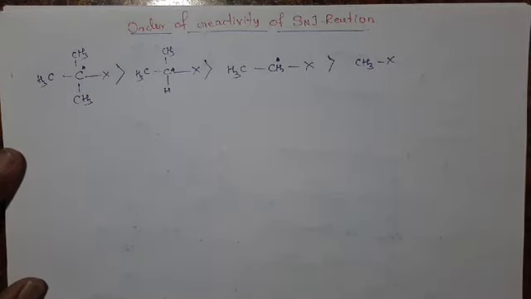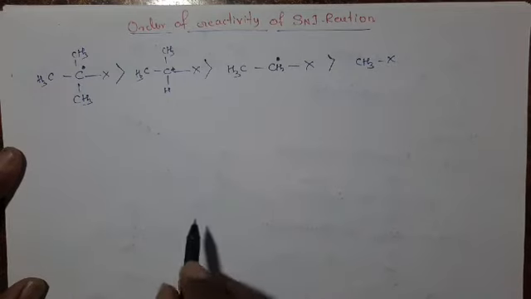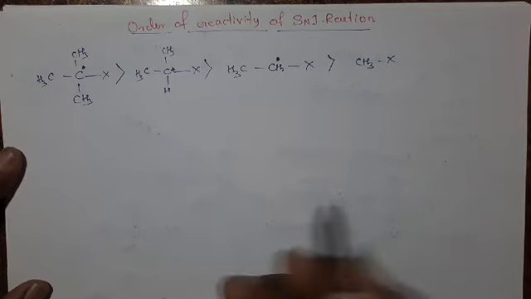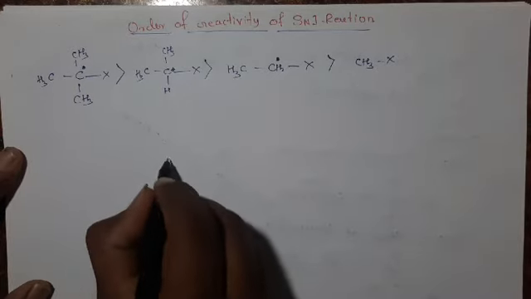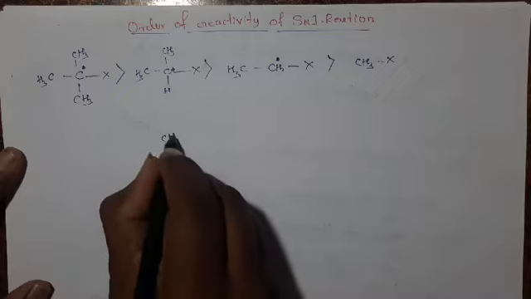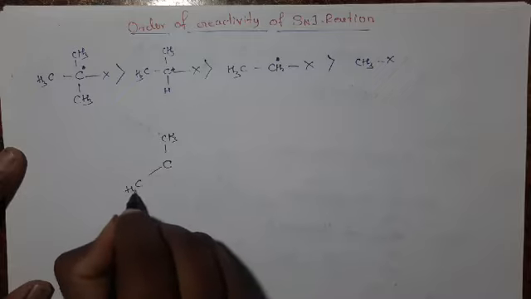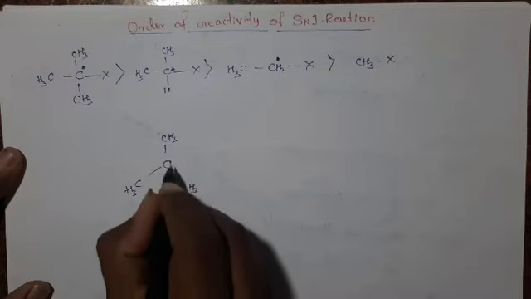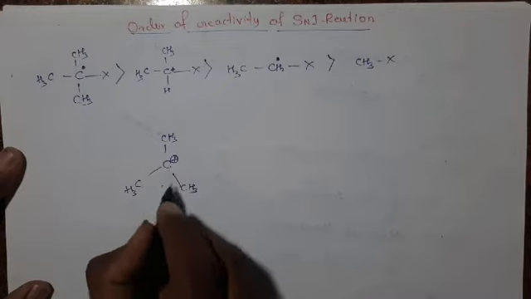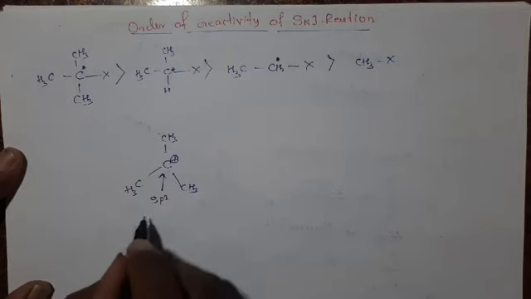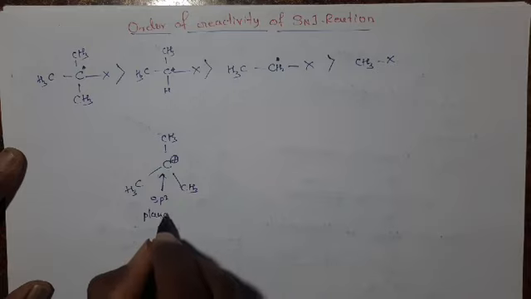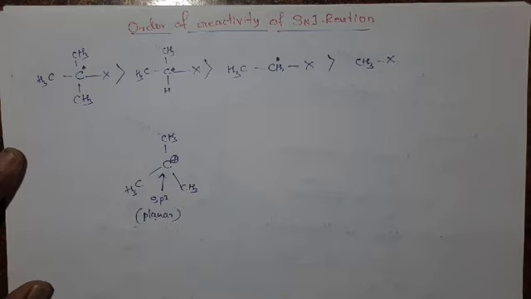Okay, now let's see the stereochemistry of the SN1 reaction. In the SN1 reaction the nucleophile can attack from both sides, because a carbocation is generated. This is our carbocation, and the carbon atom is sp2 hybridized, hence it is planar in structure.